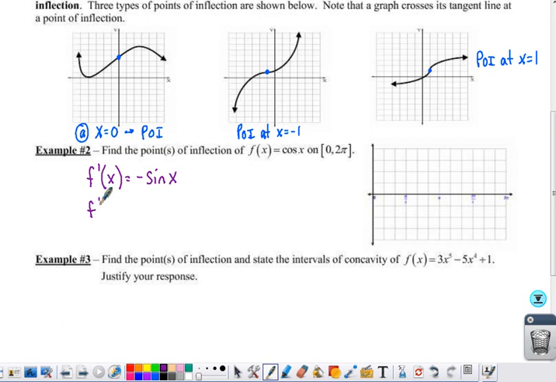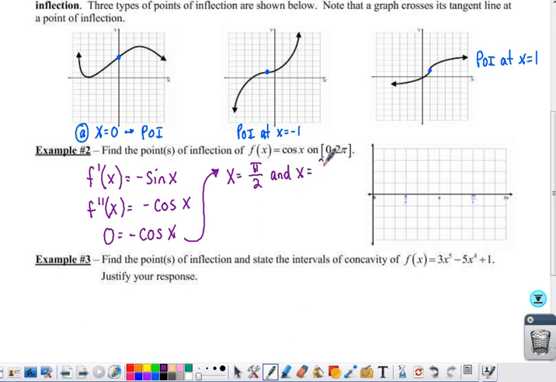Then take the second derivative, which is going to be negative cosine x. And that's where you set the second derivative equal to 0. And the two x values in which cosine is equal to 0 are pi over 2 and 3 pi over 2.